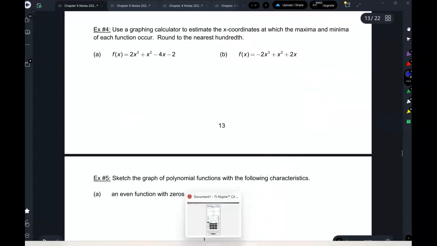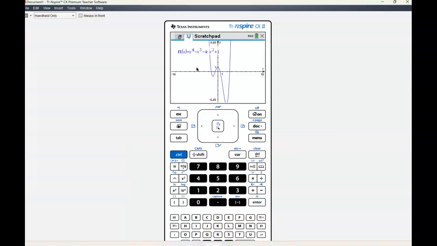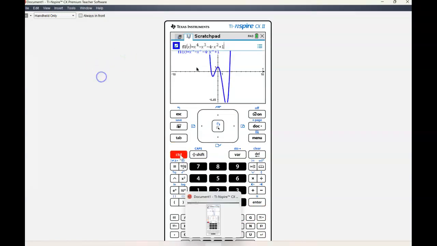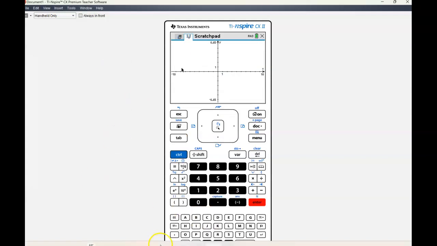Okay, so let's go ahead and graph this next function. Tab here. So it's going to be 2x cubed.